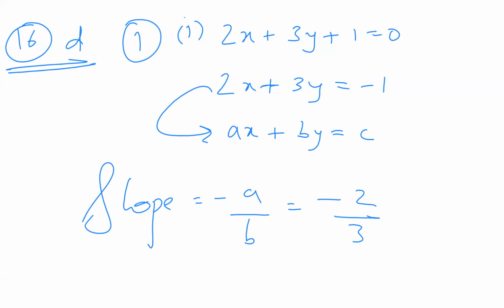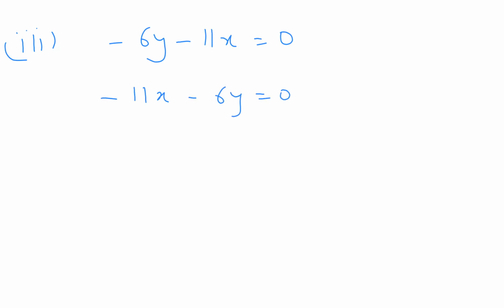16d, question number 1, I'll take you to the third sub question: -6y minus 11x is equal to 0. So I'll just properly format it. -11x minus 6y equal to 0. Now this is ax plus by is equal to c, right?